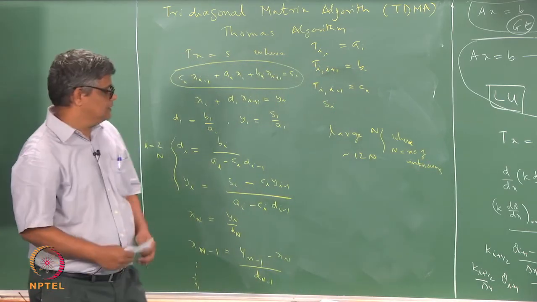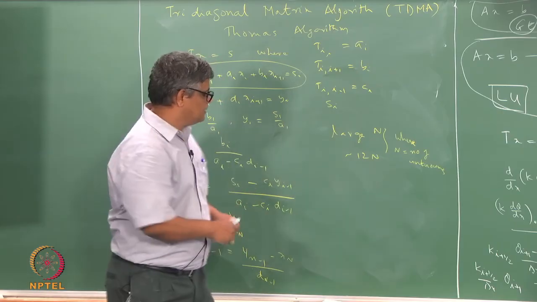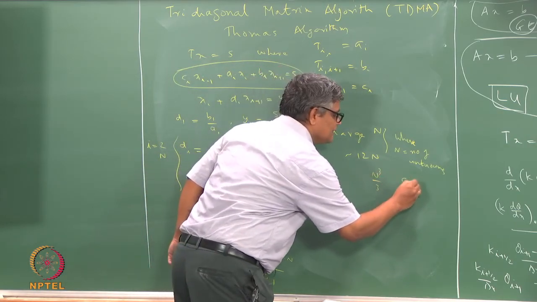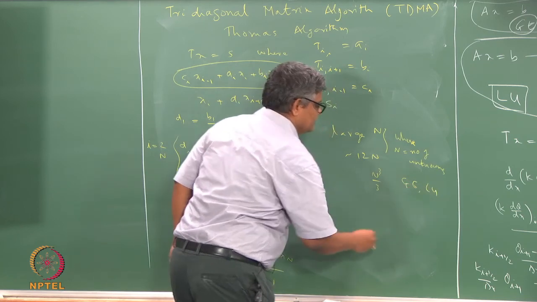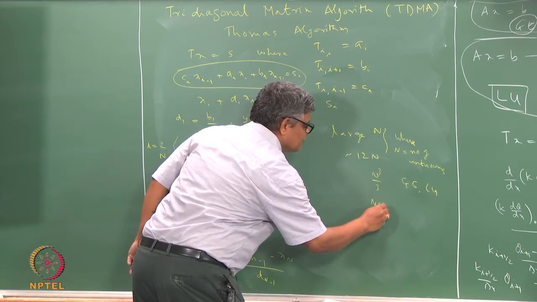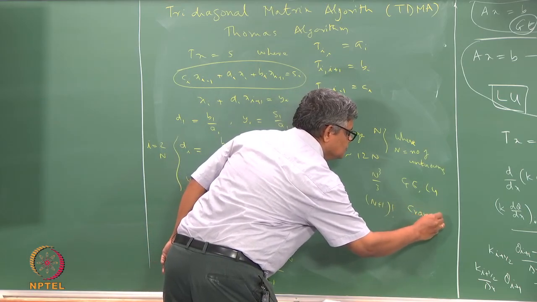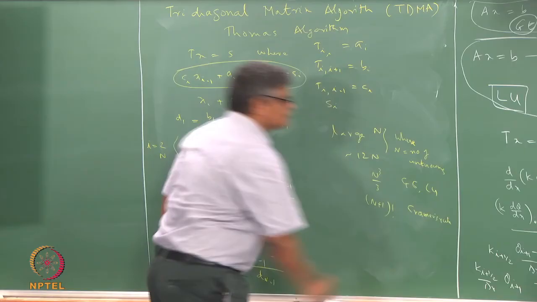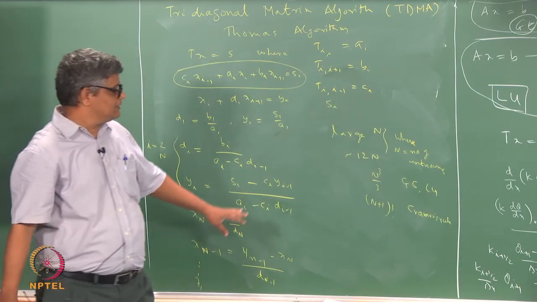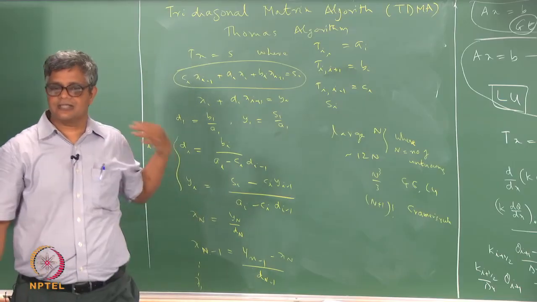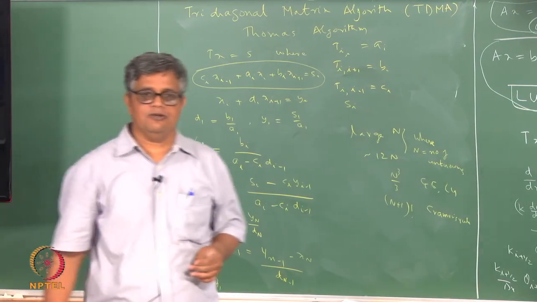Okay. So, this is very small compared to the n cubed by 3 which is required for Gaussian elimination and the LU method, and n plus 1 factorial for Cramer's rule. But the disadvantage is that this can be applied only for tridiagonal matrices. It can be applied only for 1D problems.